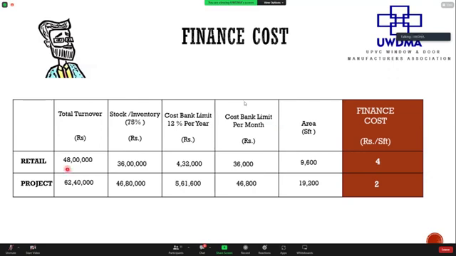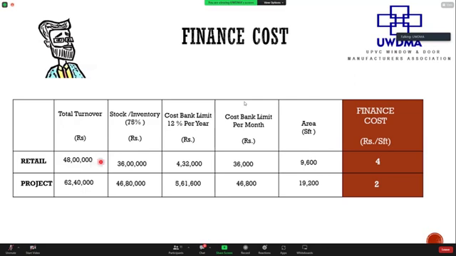So the annual turnover is coming to 48 lakhs. No, it's not annual. I think it's a monthly turnover, because 48 lakhs for annual turnover is very less. Okay, so this is a monthly turnover of 48 lakhs.